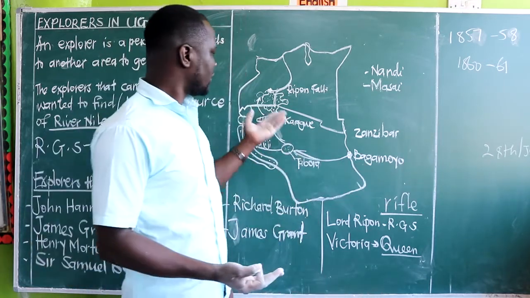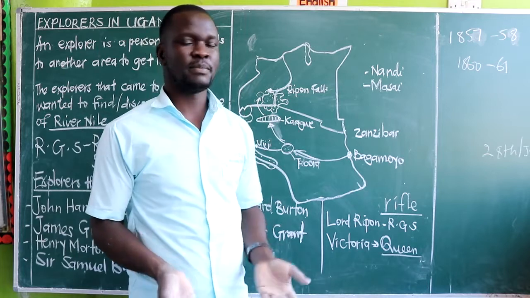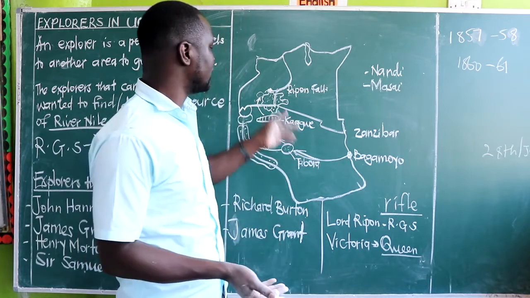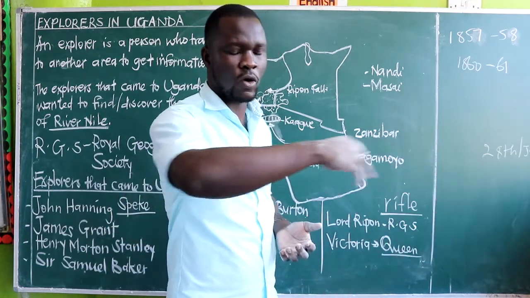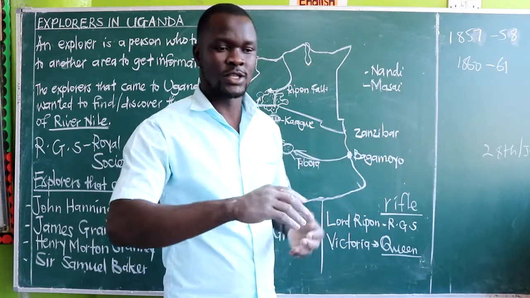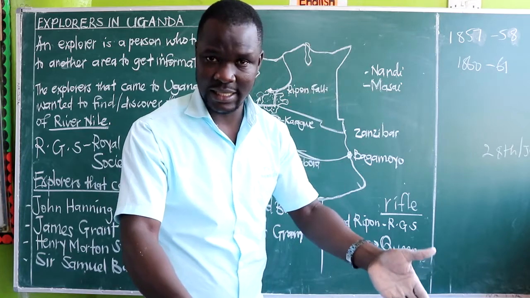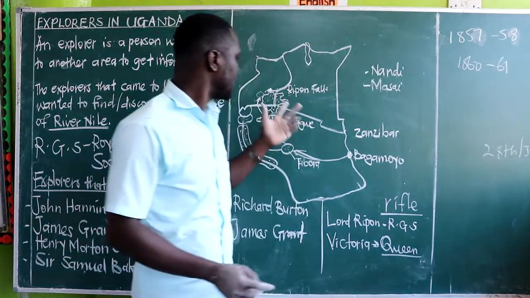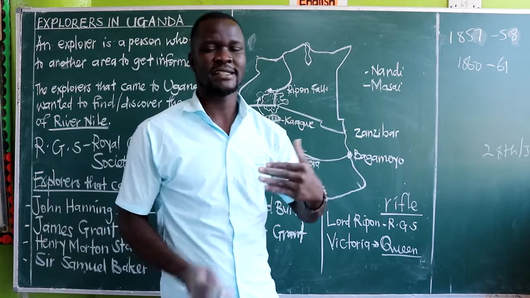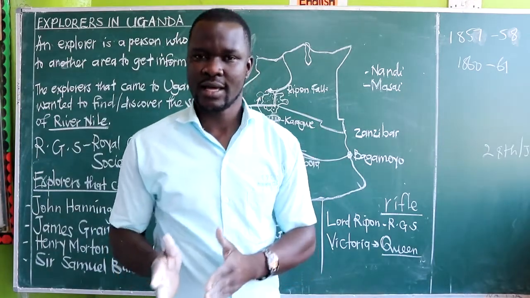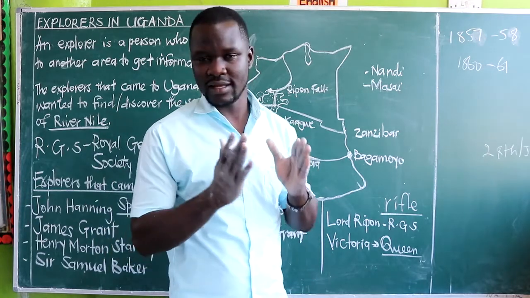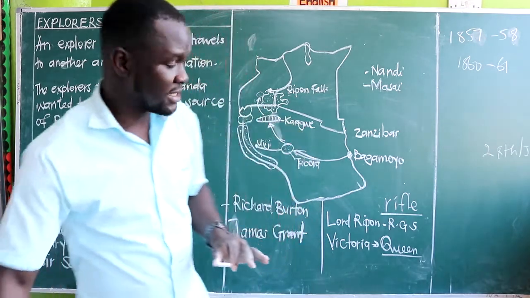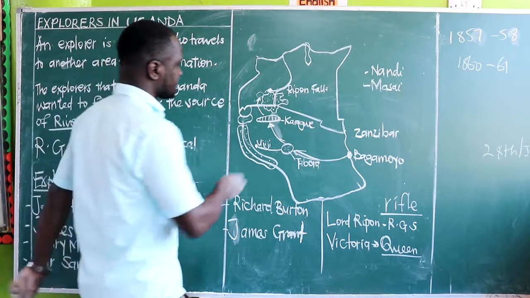It will be wrong for one to say Speke was the first person. Reason being, before Speke, there were already people who had settled around that area, so they had already seen. But we say Speke became the first European explorer, or simply the first explorer to see the source. So that is what we also need to know.